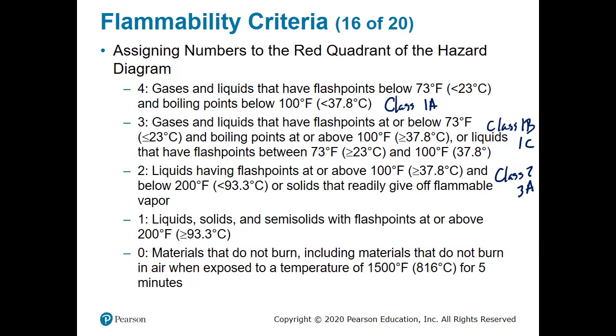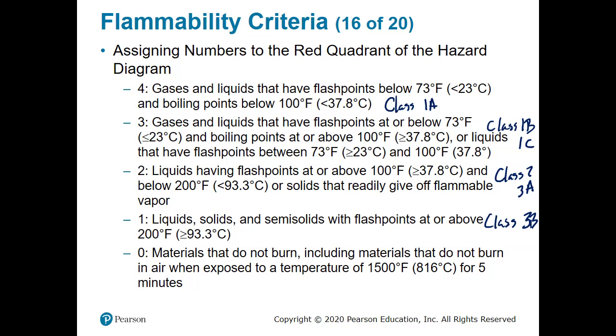In rating number 1, we're talking about liquids or solids or semi-solids that have flash points at or above 200. In our designations for liquids, that would be class 3B. But it would also include some solids and other materials that do give off vapor as they decompose.